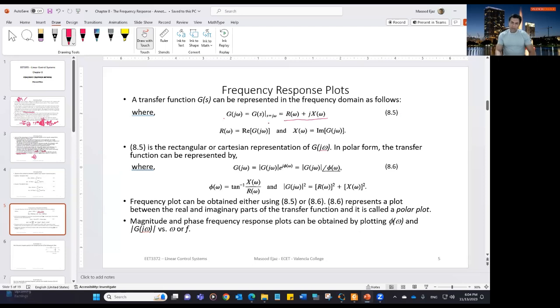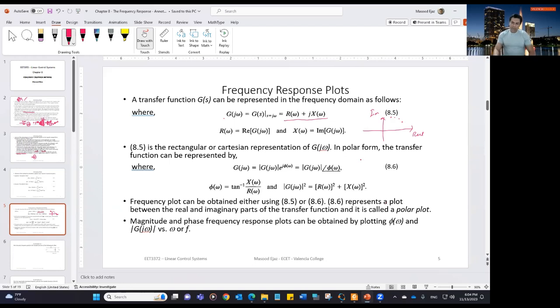So this is rectangular, basically rectangular points. If you have G of j omega, and this is your real axis and this is your imaginary axis, then of course you can plot points which will be real versus imaginary, and that type of plot is called the polar plot.